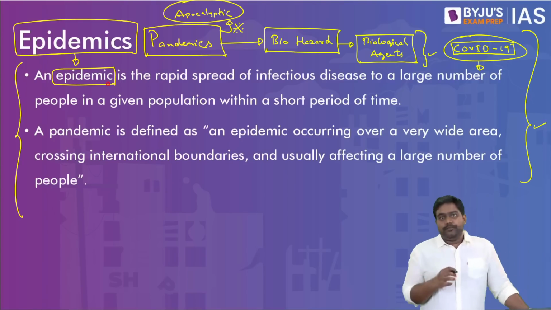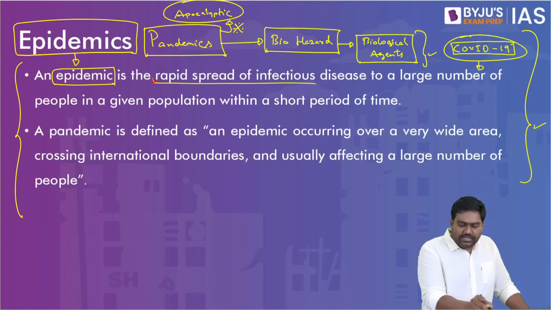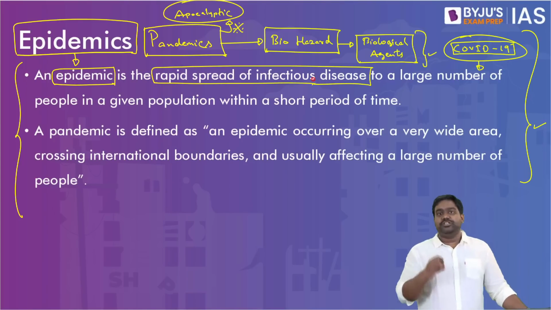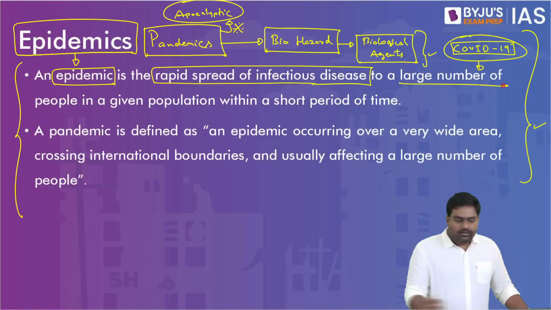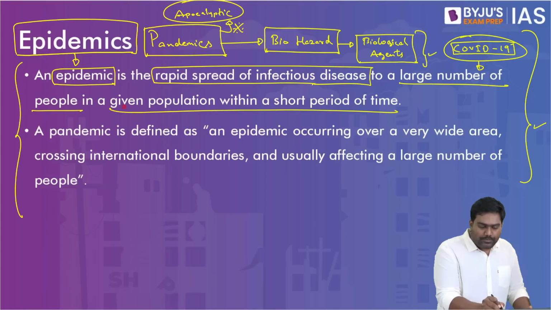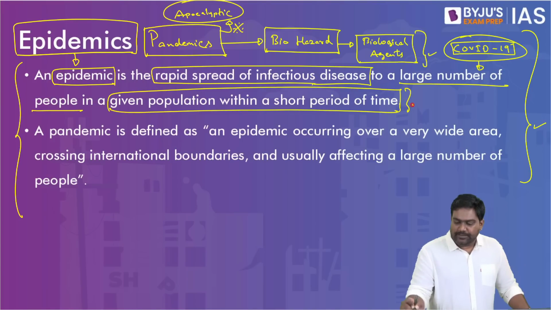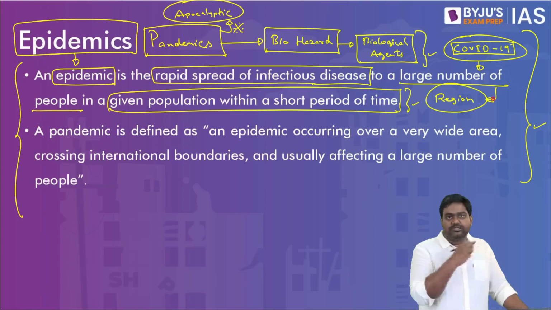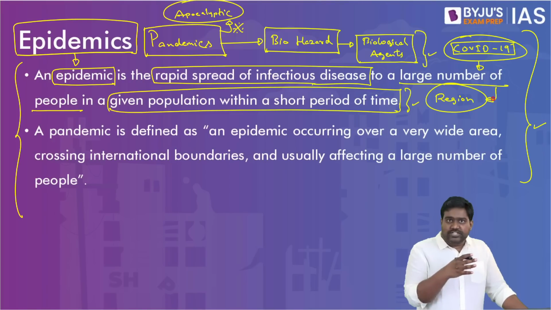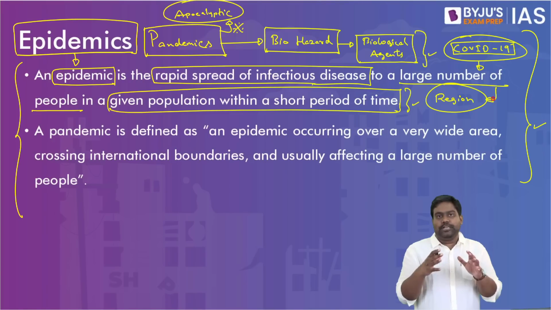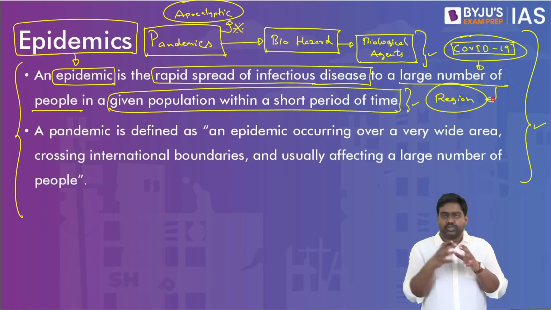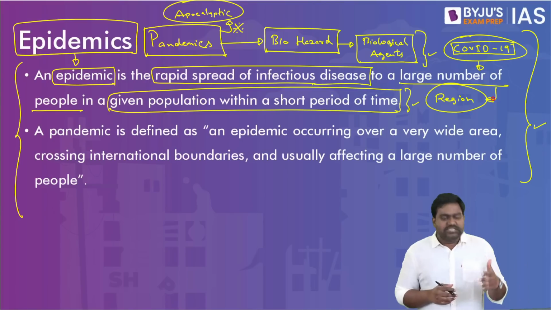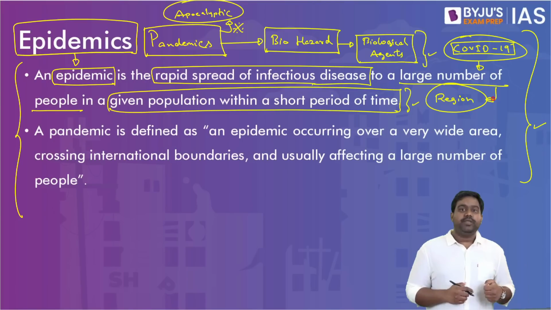An epidemic is essentially the rapid spread of an infectious disease in a given population in a short period of time in a given region. If a deadly infectious disease caused by some dangerous pathogen spreads very quickly in a given population in a given region within a short span of time, this is declared as an epidemic.